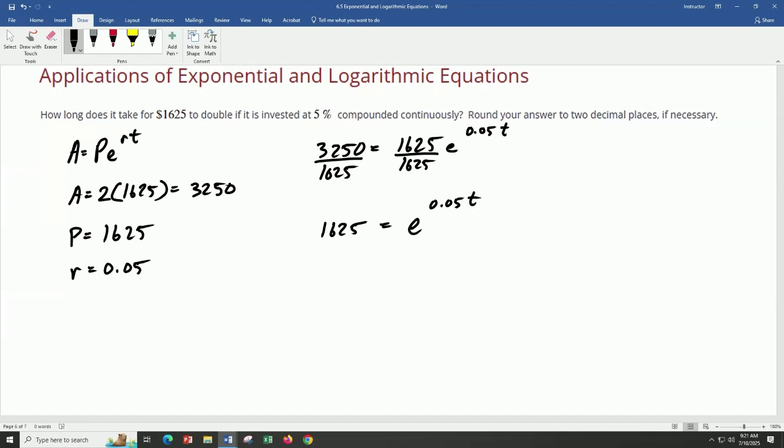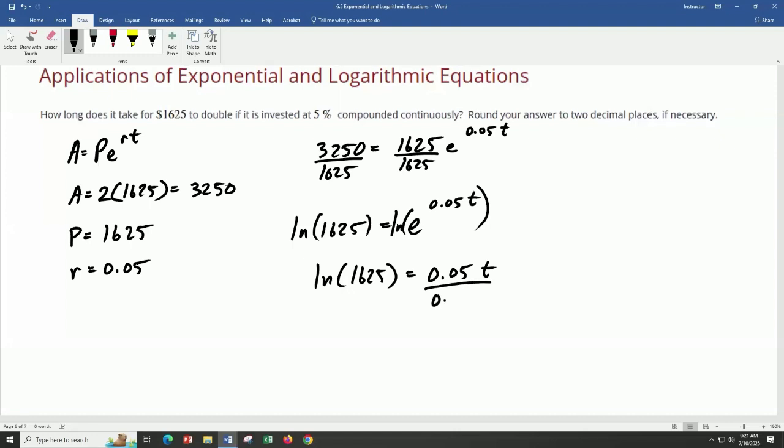Let's take the natural log of both sides. So how about I take a ln here, and I'll take the ln here. And what's nice, what happens to the e on the other side? It's gone now, isn't it? Okay, so I have ln of 2 is equal to, well, look, 0.05t.